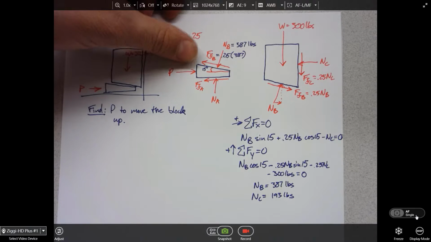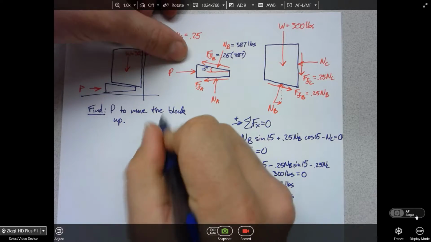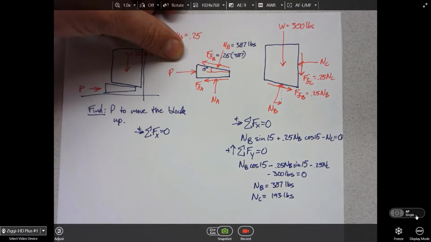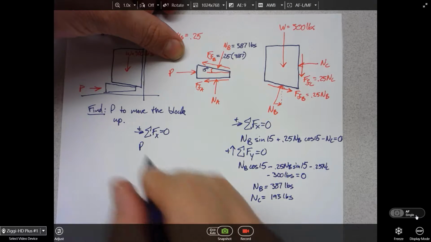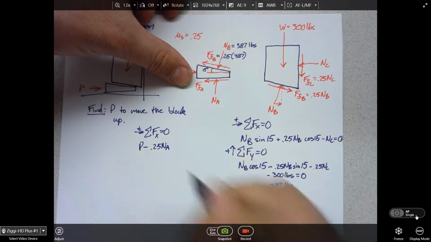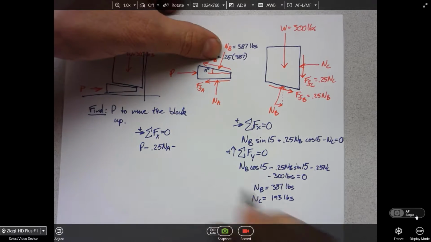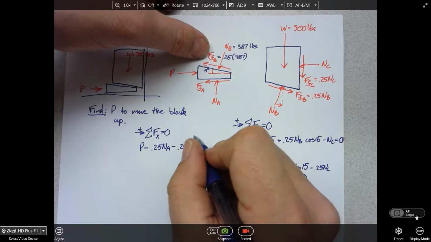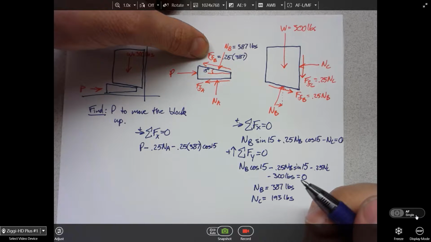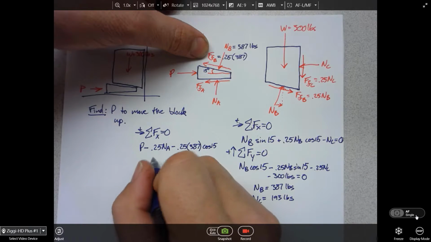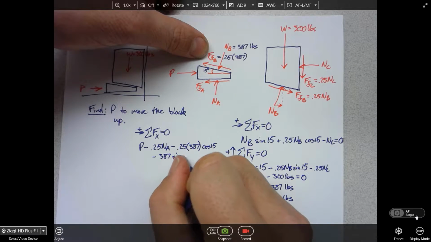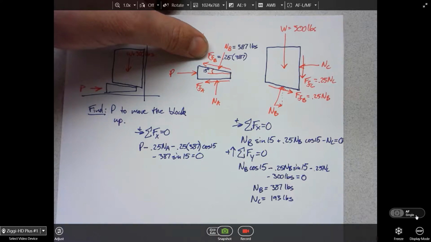So we can sum the forces for the wedge at X. Looks like I'll have P minus the force of friction at A, which is 0.25 times the normal at A, minus 0.25 times 387 times the cosine of 15, minus 387 times the sine of 15 equals 0.